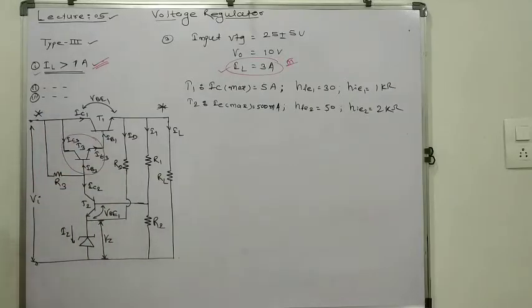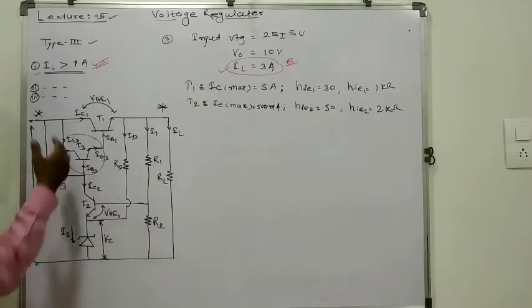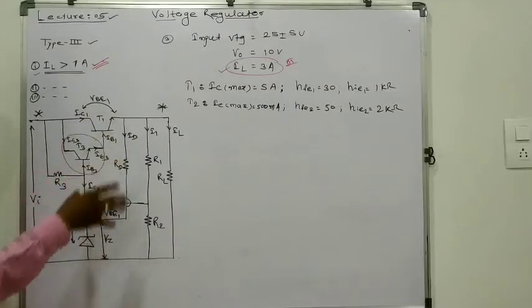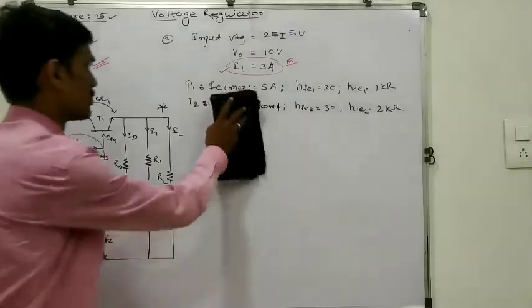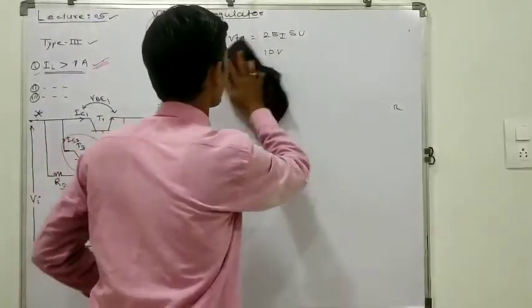We have to solve this problem step by step: the selection of R1, R2, RD, Zener diode, transistor T2, transistor T1 and R3. The procedure remains the same as we followed in problem number 1 and problem number 2. The extra part is to calculate or select the transistor T3. So we go for the solution step by step.